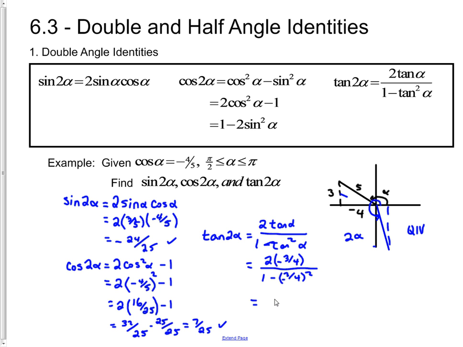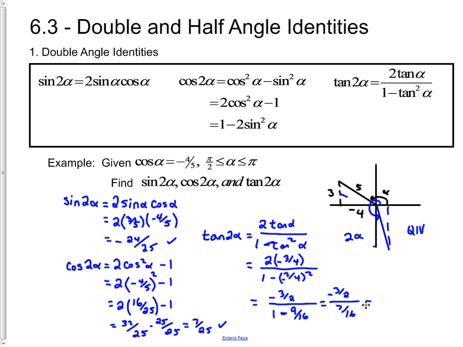So what do we have here? This is like saying negative 3/2, right? 3 times 2 is 6 divided by 4. That reduces to 3/2. And in the denominator, we will have 1 minus the quantity 9/16. We're working our fraction out. We're going to have negative 3/2 divided by 16/16 minus 9/16, so that's 7/16.